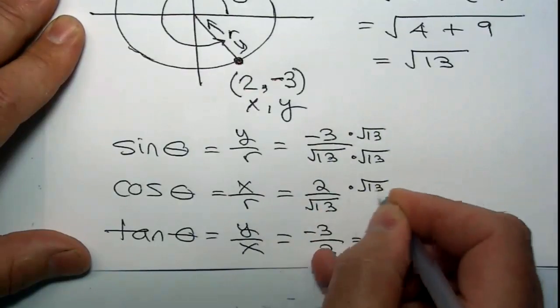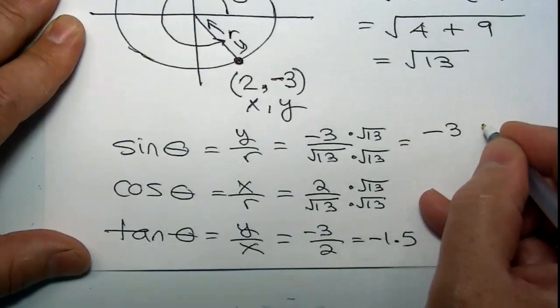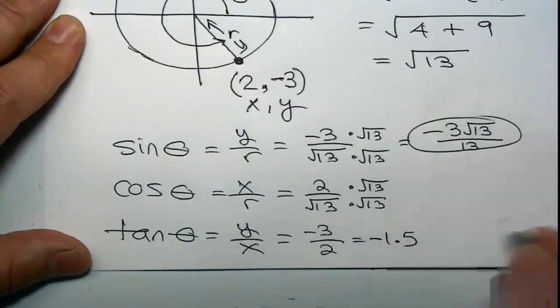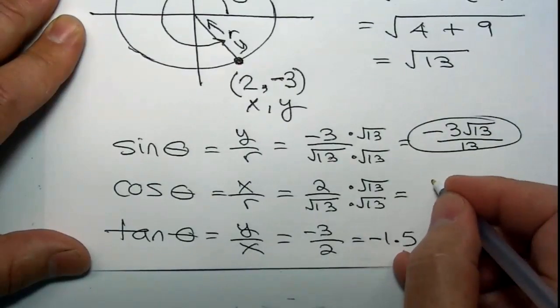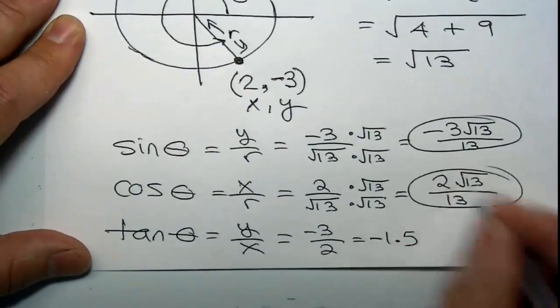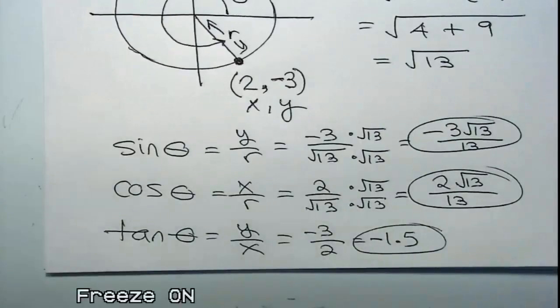Both of them need to be rationalized. Square root of 13. So here it is, minus 3 square roots of 13 over 13. That's my sine. This is going to be 2 square roots of 13 over 13. That's my cosine. And then minus 3/2 or minus 1.5 is my tangent.